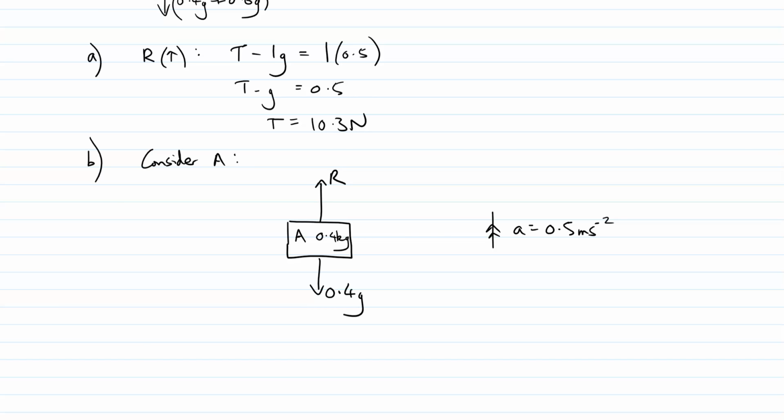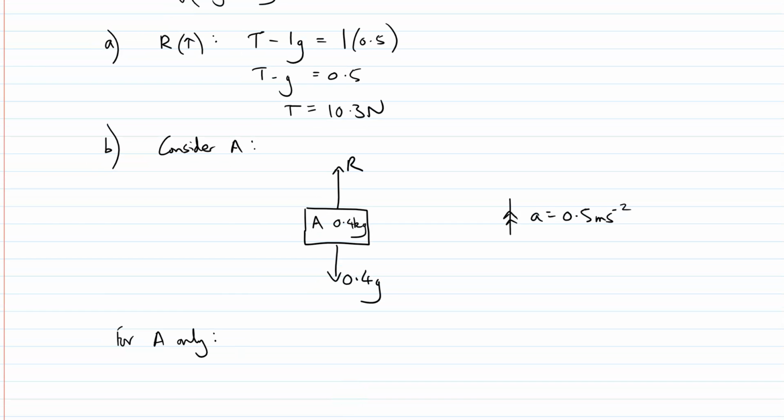So if we're looking at A only, we've got the resultant force is going upwards, and we've got the force of B acting upwards against it, which is R. We've got the 0.4 g acting downwards, so that's minus, and the whole thing is mass. The resultant force is mass times its acceleration.